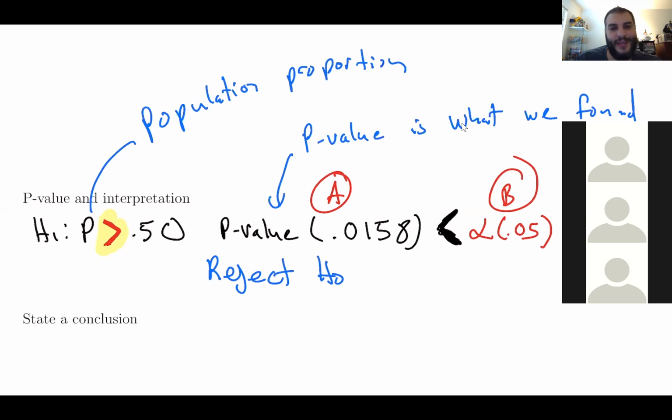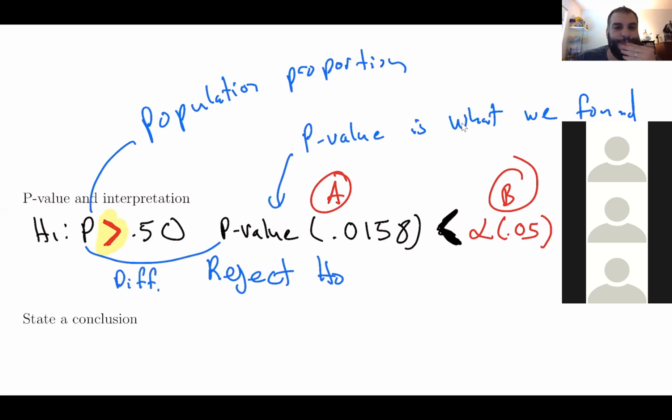So p and p-value are not the same. P is the population proportion. P-value is what we found using the TI-84, the calculator, and it gives us the actual probability of us getting this outcome, given that the null hypothesis is true. But you just need to know that these two are different from each other.